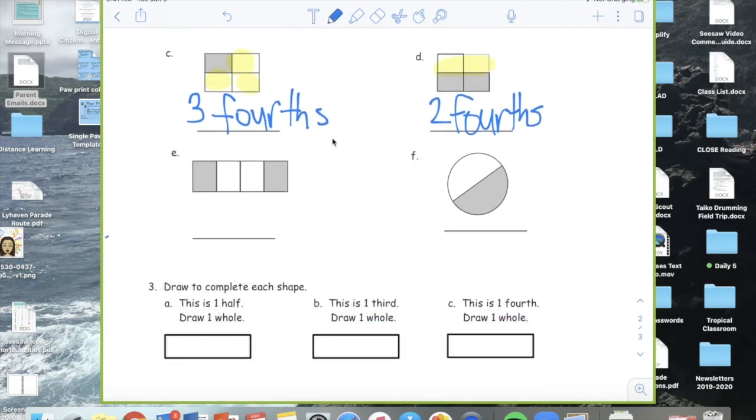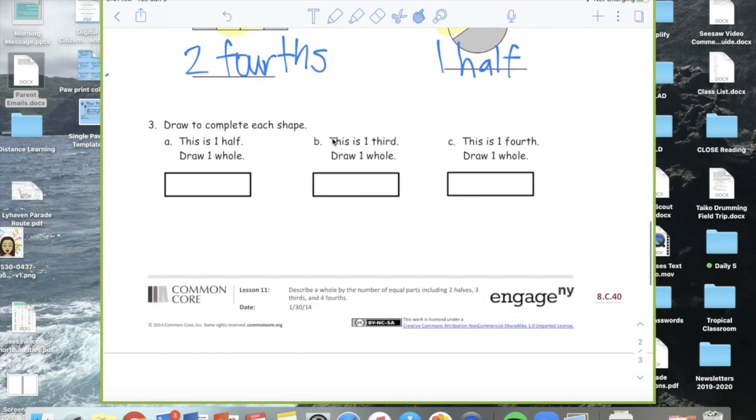Question E, I'm going to shade in 2 parts again. So this would be 2/4 because there are 4 total parts. And then the last question, I'm going to shade in 1 part, and it's halves because there are 2 parts. Halves.